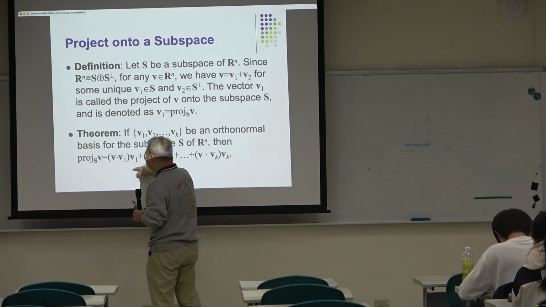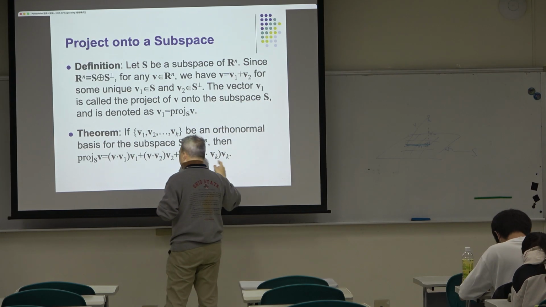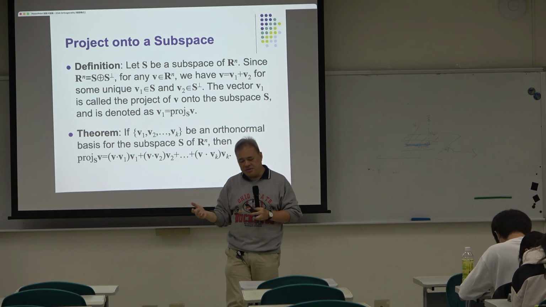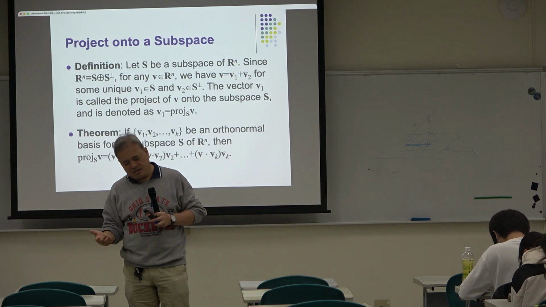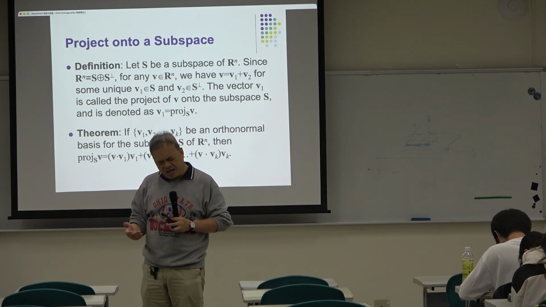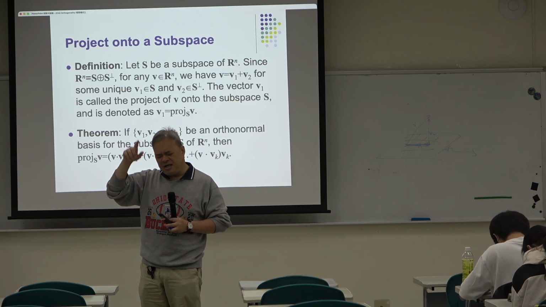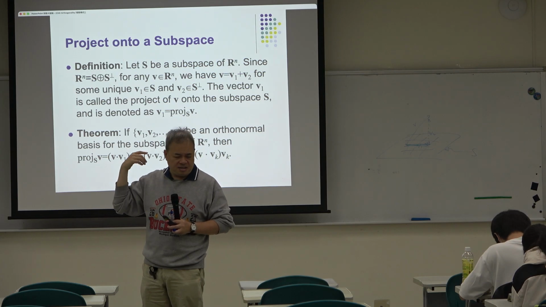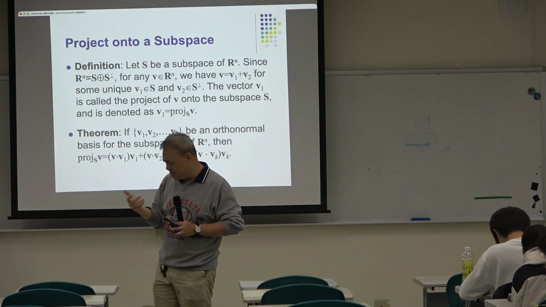You can easily show that this is a vector in S because it's a linear combination of V1 to Vk. And we know V1 to Vk is also an orthonormal basis for S. And any vector in S orthogonal, we already showed, is orthogonal to this vector anyway.